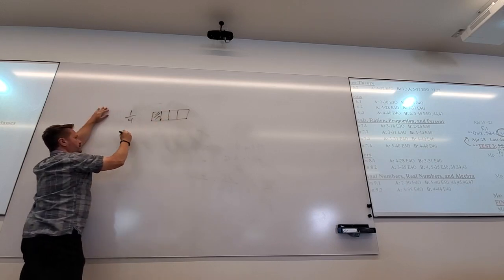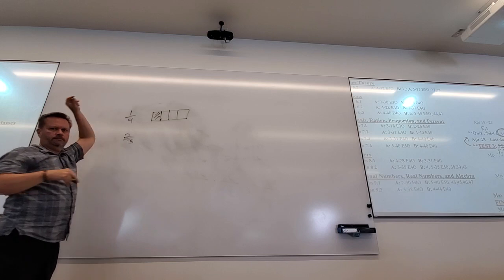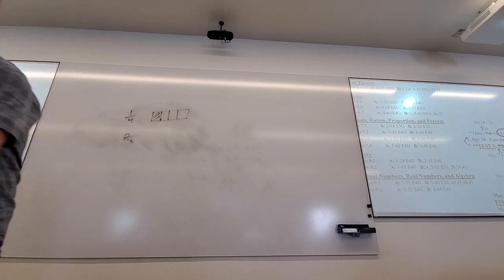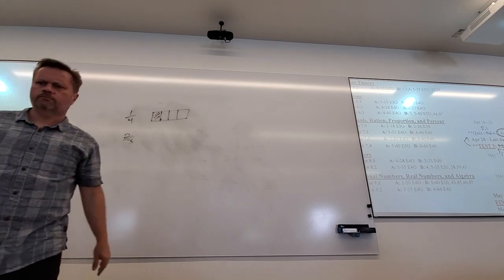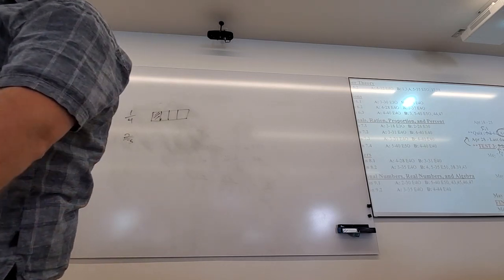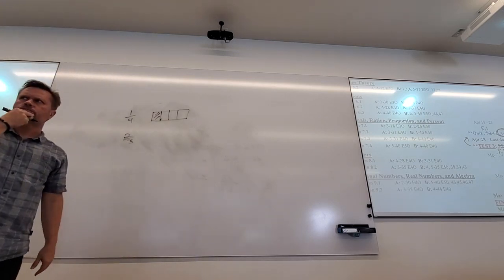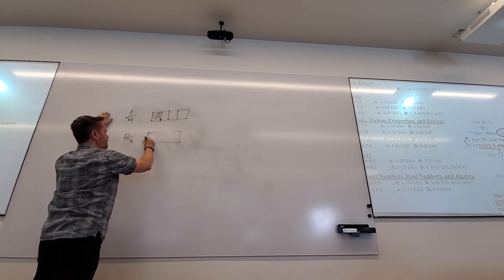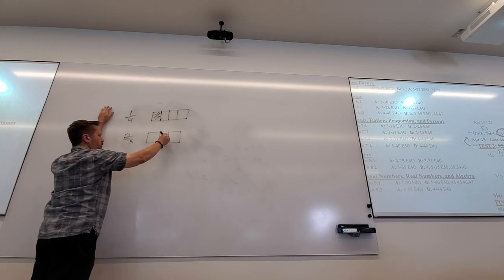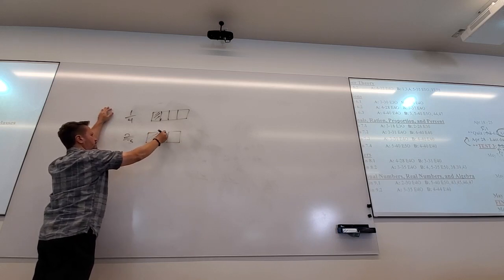Okay. Now represent 2/3. So now there's going to be 2 lines, and 2 of them are shaded.